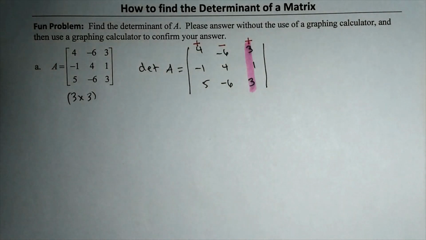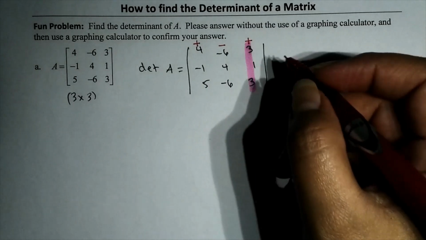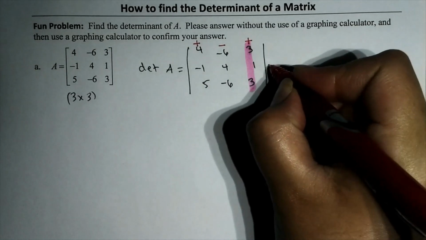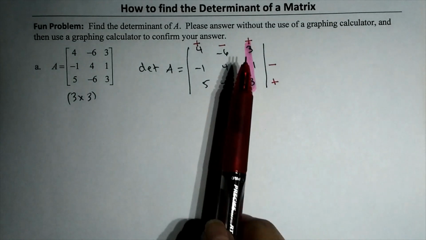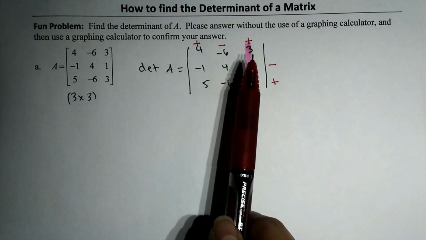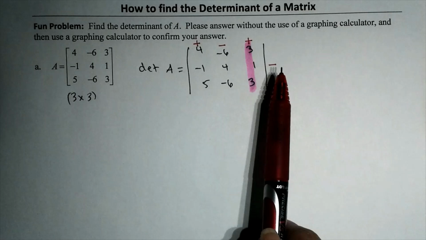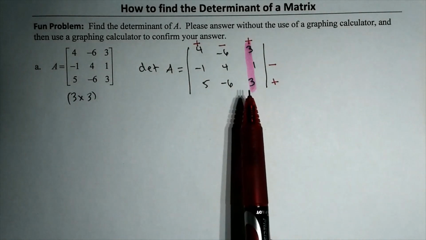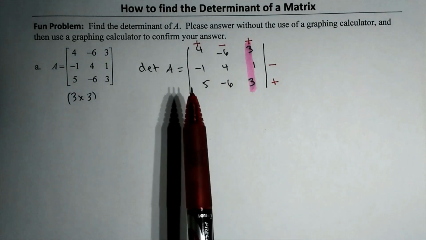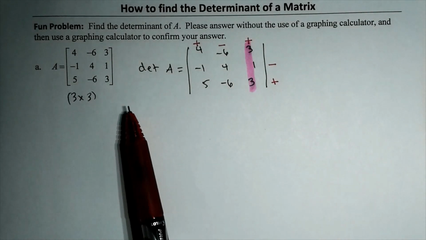So this is how it's going to go down: +3 times the determinant of the leftover entries, -1 times the determinant of the leftover entries, +3 times the determinant of the leftover entries, or in math we say times the corresponding minor.